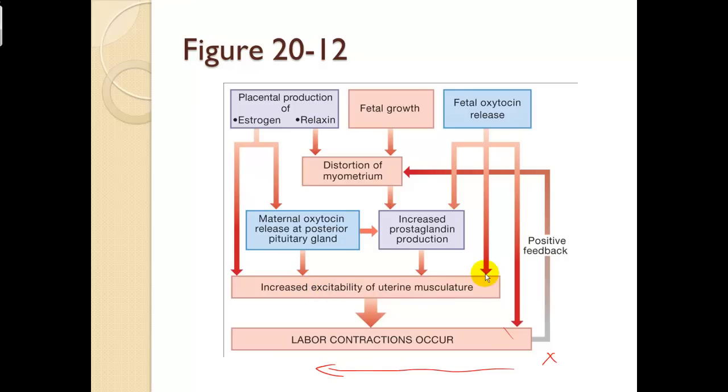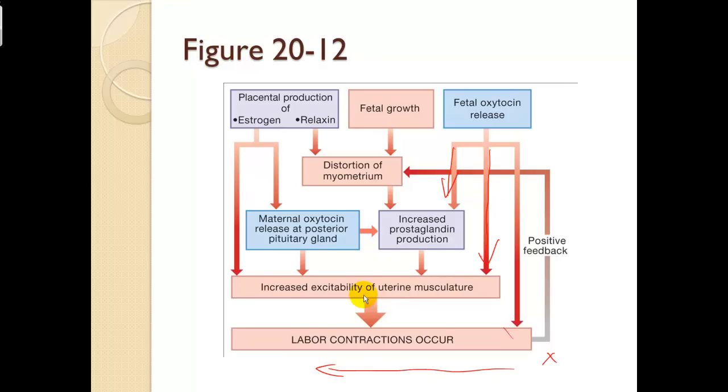So, at the point that the development feels we're ready to give birth, or the kiddo has grown enough, we get a release of oxytocin from the pituitary. This is going to bring about increased prostaglandin production itself.